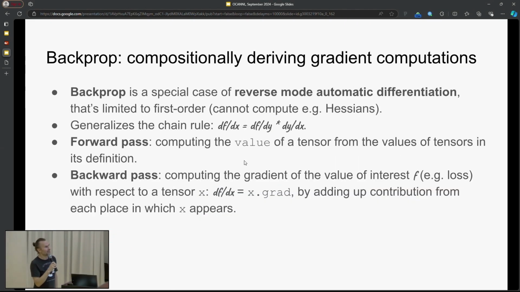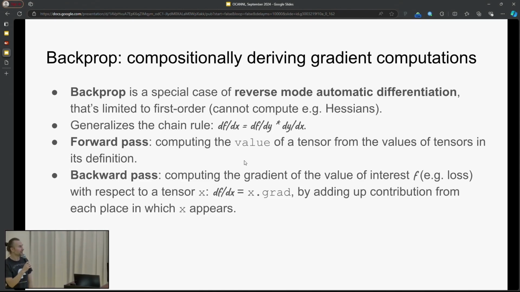All right. So now, how do we derive the computations we're interested in? How do we derive the gradients that attach to tensors and tell us in which direction to modify parameters? So OCANNL uses backprop.